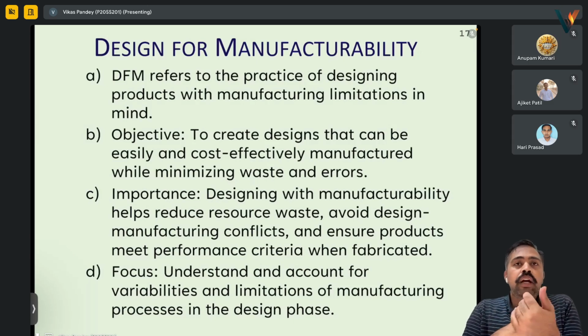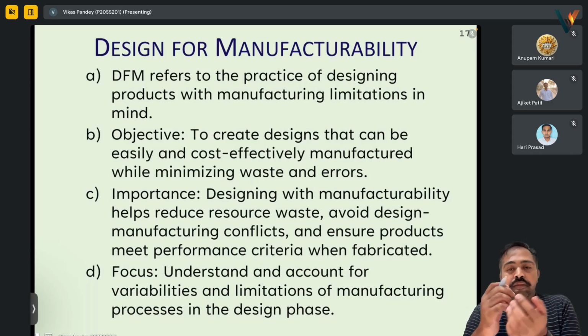It so happens that many times, theoretically, we may think that this will happen, but the manufacturing limitation is there, and that is not kept in mind.